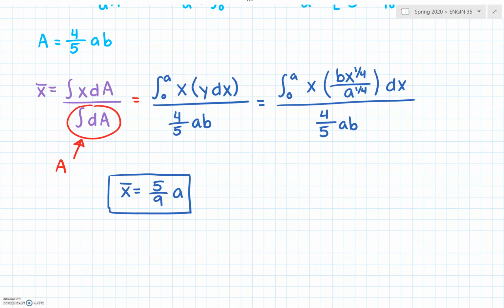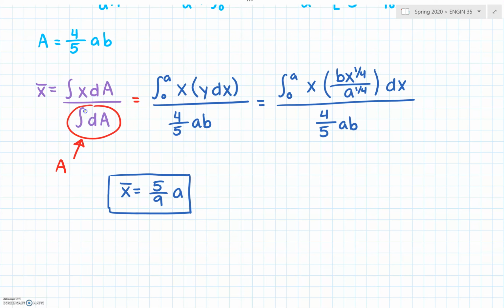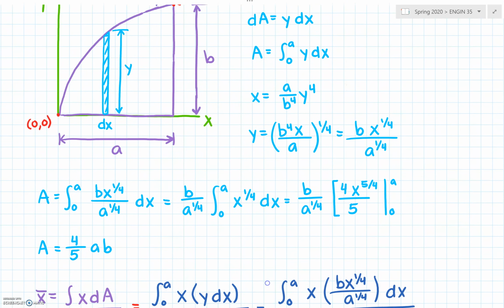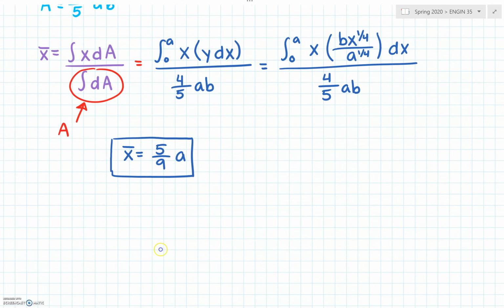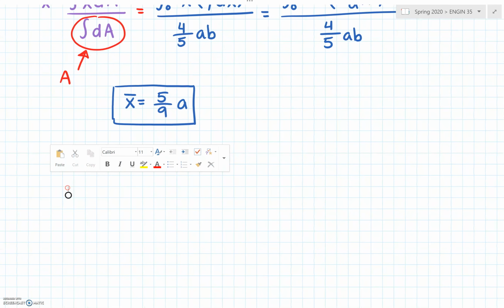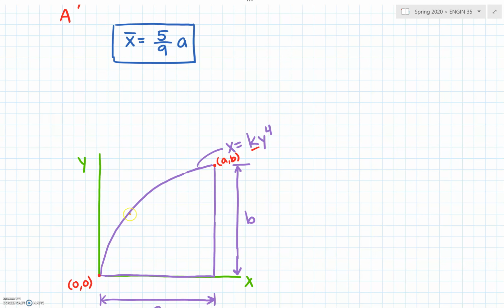The problem also asks us to solve for y bar. When we solve for x bar, we use this vertical rectangle. When we solve for y bar, we're going to use a horizontal rectangle. So I'm going to repaste my picture here and draw a tiny rectangle there. The height of that rectangle is going to be dy.